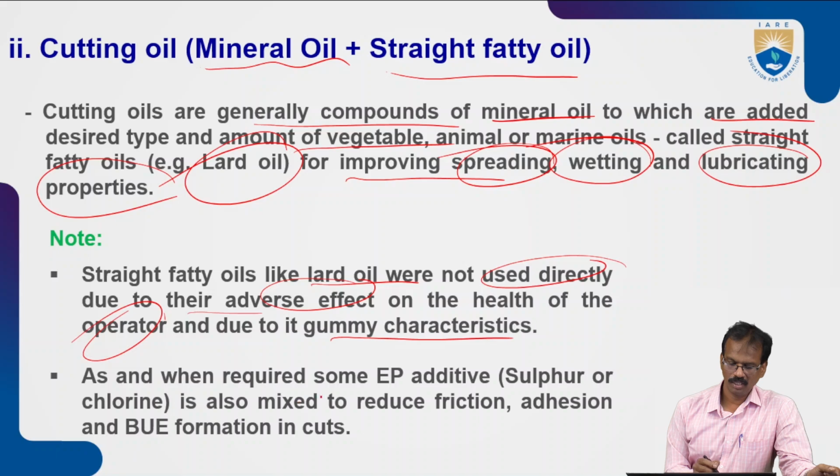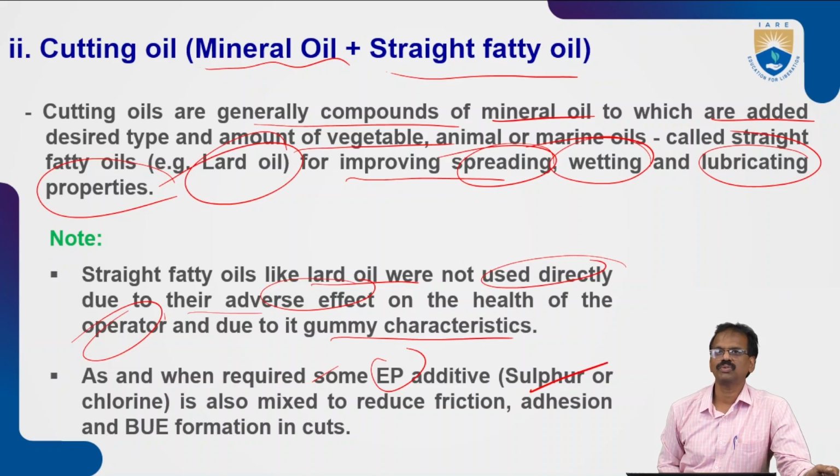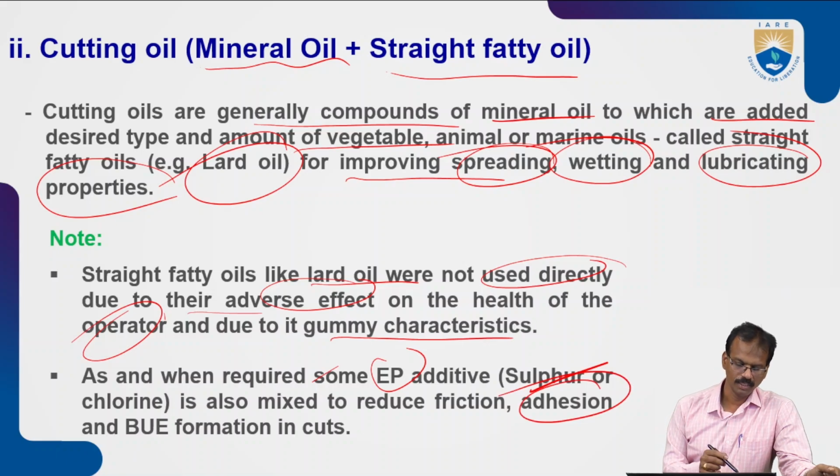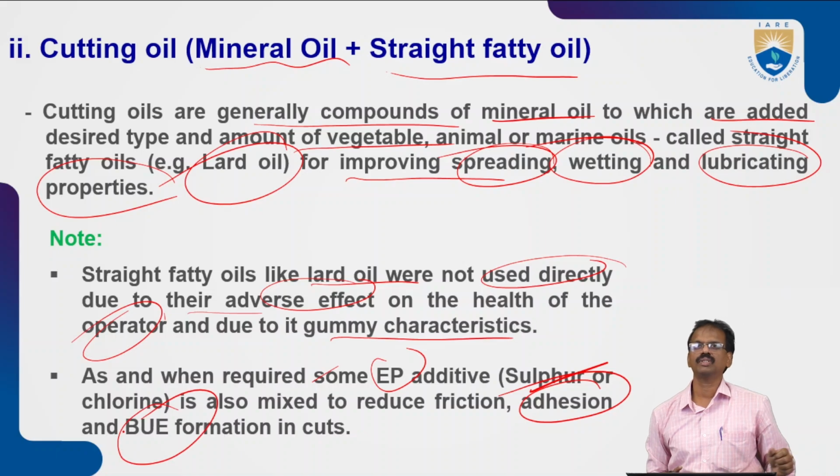So as and when required, high pressure additives like sulfur or chlorine are also mixed in to reduce the friction, adhesion, stickiness and built-up edge formation also. So these are the other types of cutting oil.